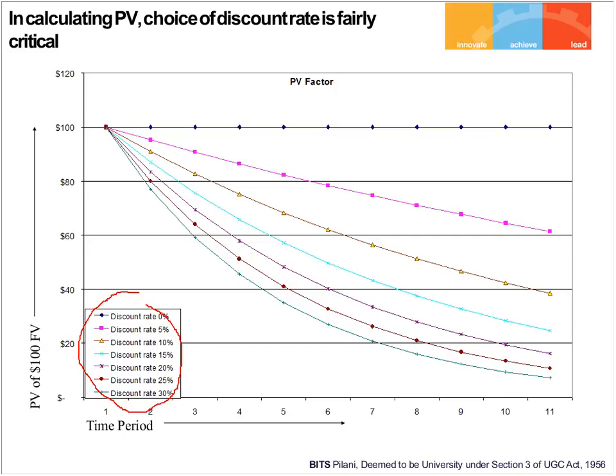There are 12 months in a year, right? So likewise, there is something called compounding frequency. If I'm saying 1 year, then yearly one time I calculate.